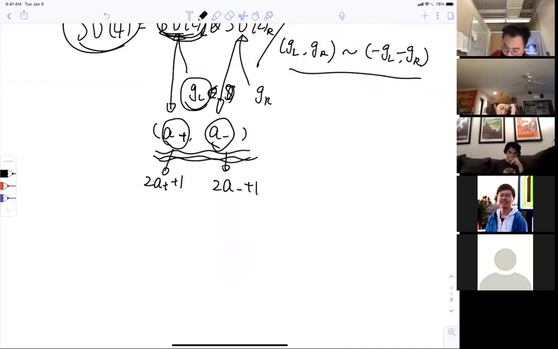It's like an SU2 representation of spin 1: the dimension is 2 times 1 plus 1, which is 3.